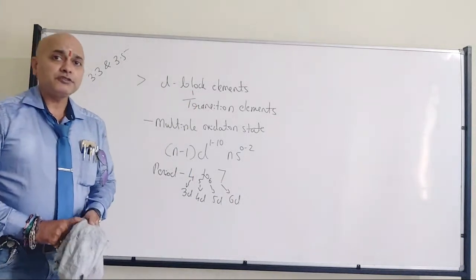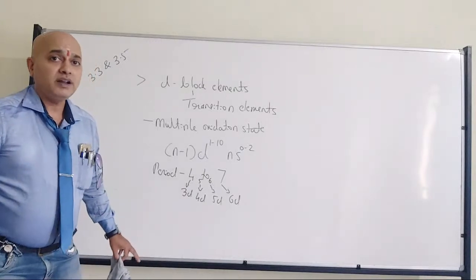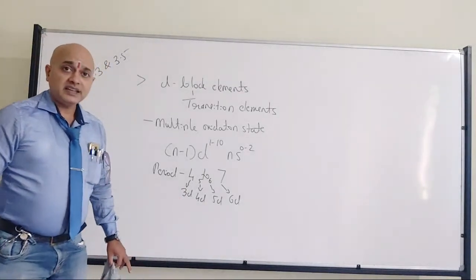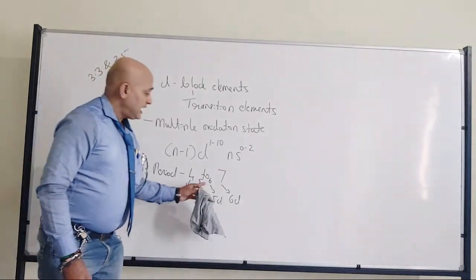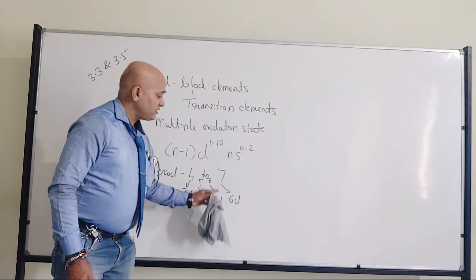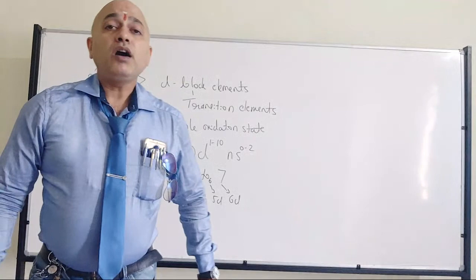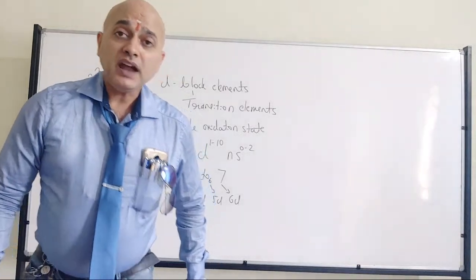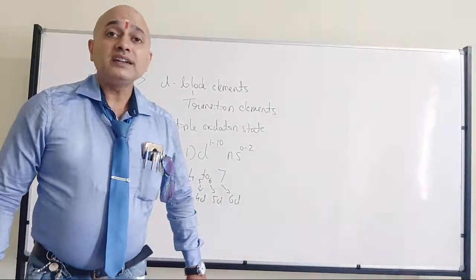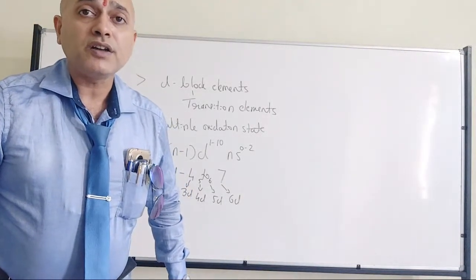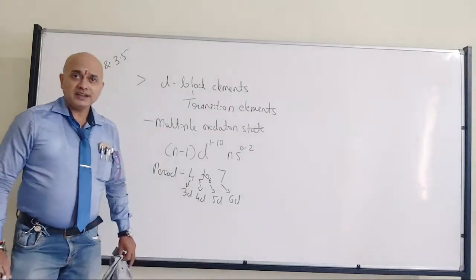So what I mean to tell here is, for elements present in period number 4, the 3d subshell is getting filled up. In period 5, the 4d subshell is getting filled up. In period number 6, it is 5d, and in period 7, it will be 6d. Because when we are talking about period number 5, 6 or any of these, we are dealing with the outermost electrons, where the outermost shell is that particular period itself.